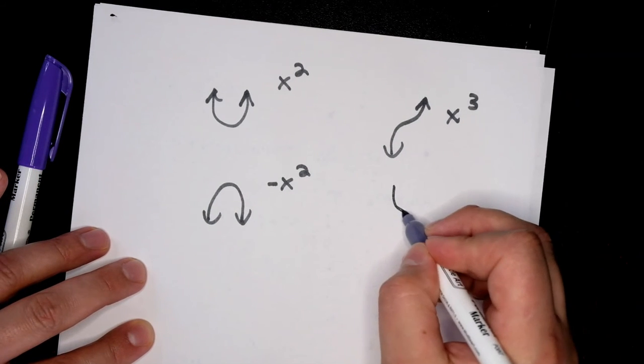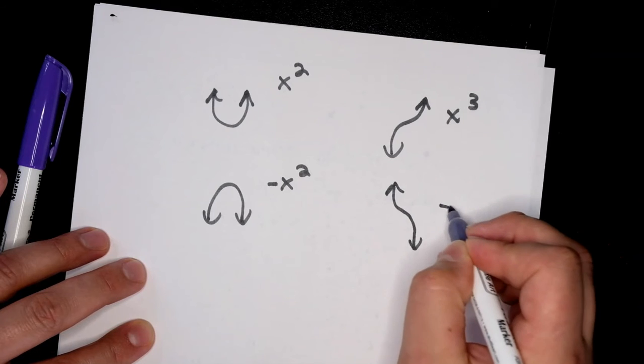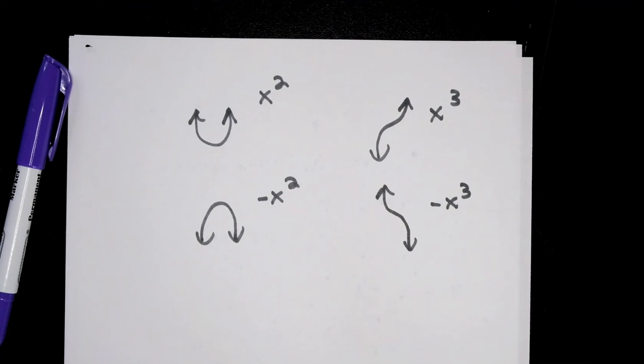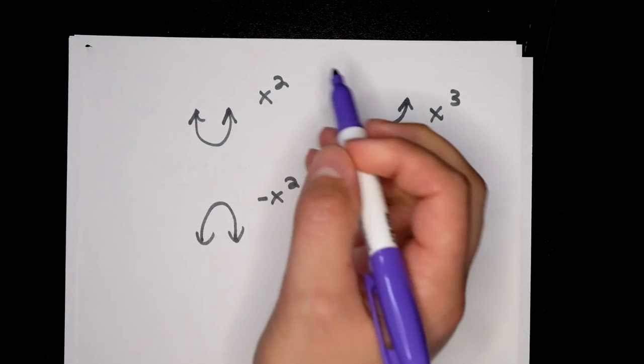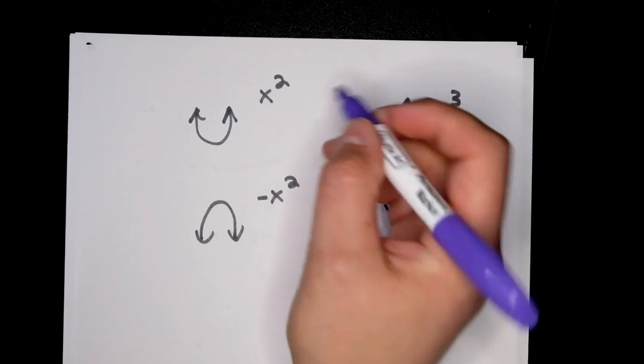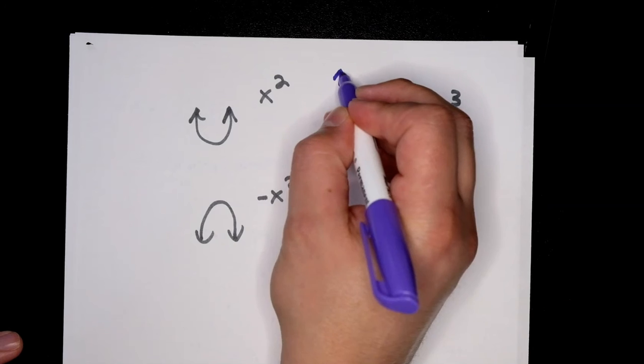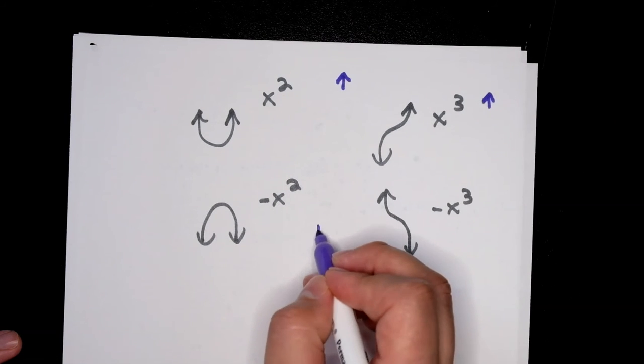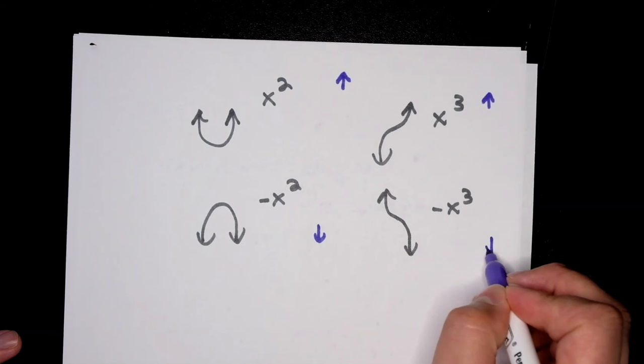And then negative x cubed flips it like this. Those are the four you need to know. And now I can look at this and quickly see that if I've got a positive, the right end is going to be going upwards. And if it's negative, the right end goes down.